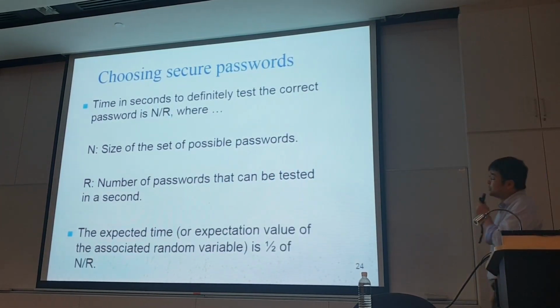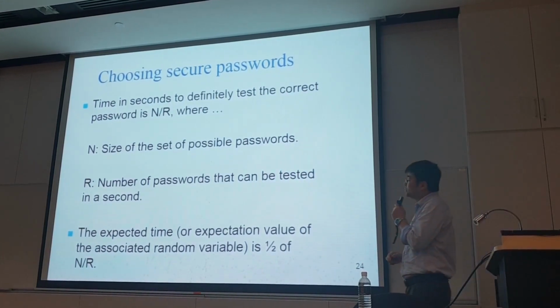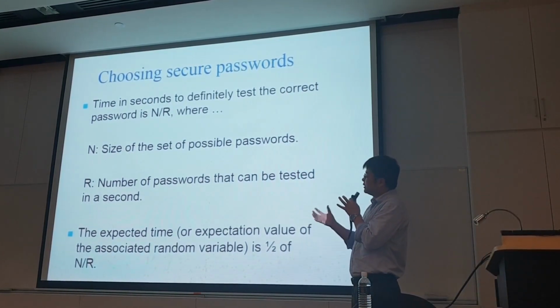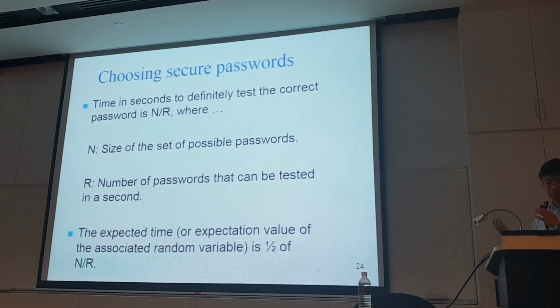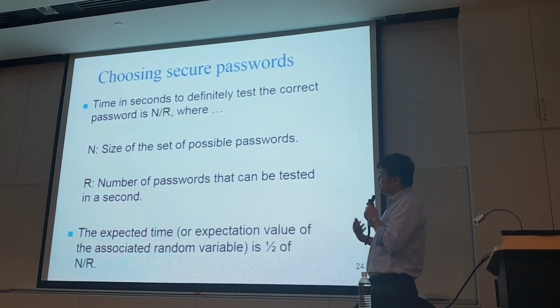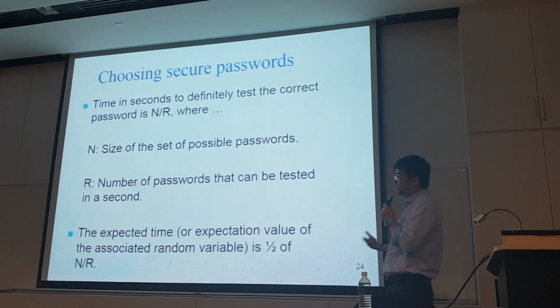Okay, so how do we measure the security or the strength of a password? We have some simple mathematics and some simple definitions that can be used. We can determine the strength of a password by looking at the size of the password space, how many possible passwords can be generated in that space, and then looking at the speed of the attacker for enumerating passwords.